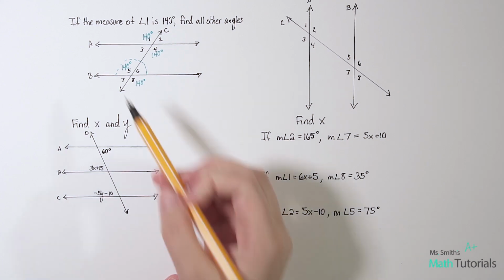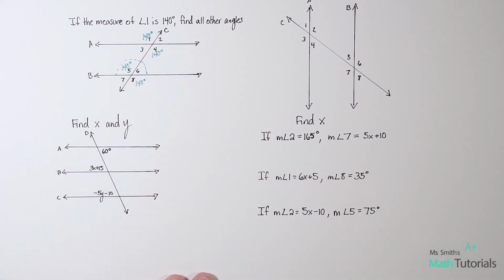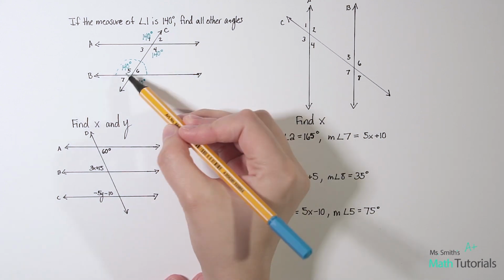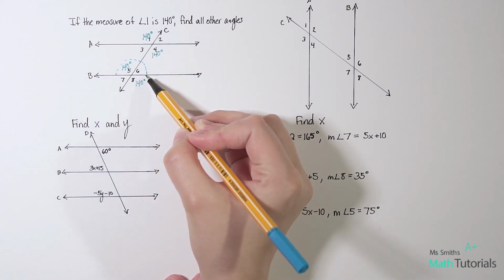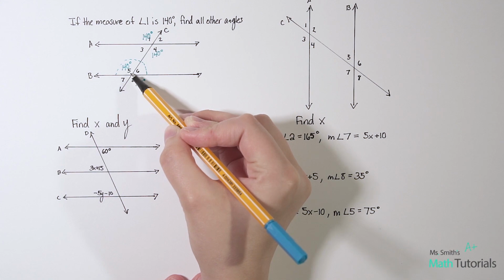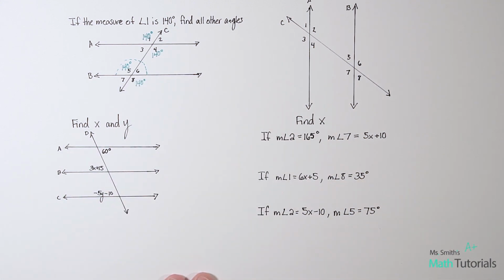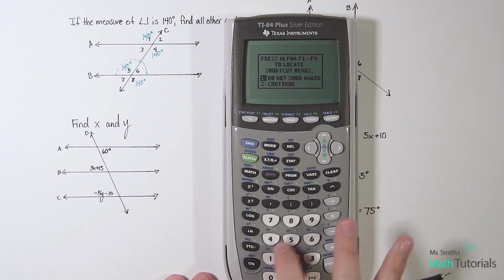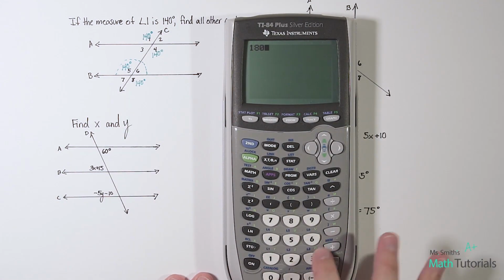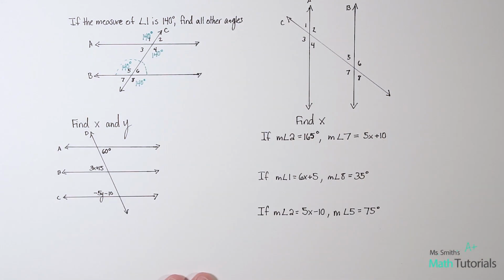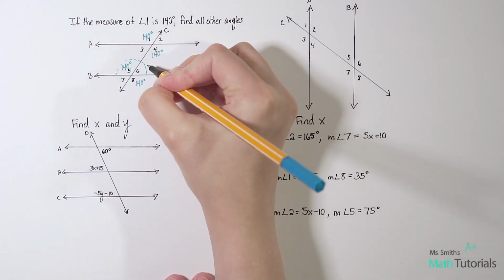They are linear pairs. 5 and 6 are currently linear pairs. So if I know that this line has to add up to 180 and angle 5 is 140, well, let me get out my calculator. 180 minus 140. Well, that gives me 40 left over. So that tells me that 6 has to be 40 degrees.